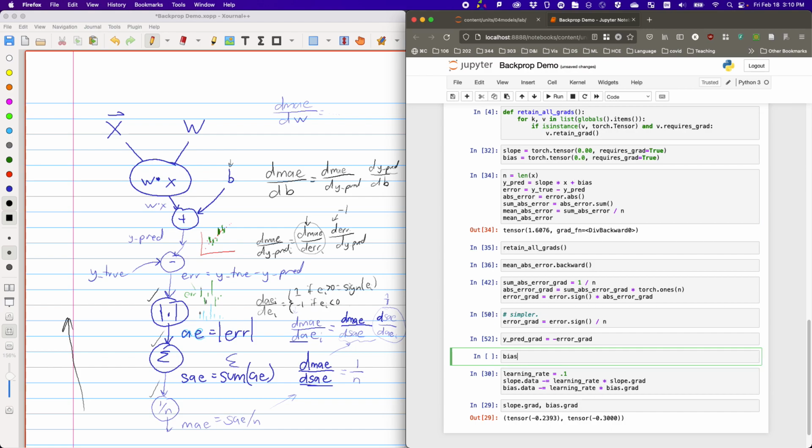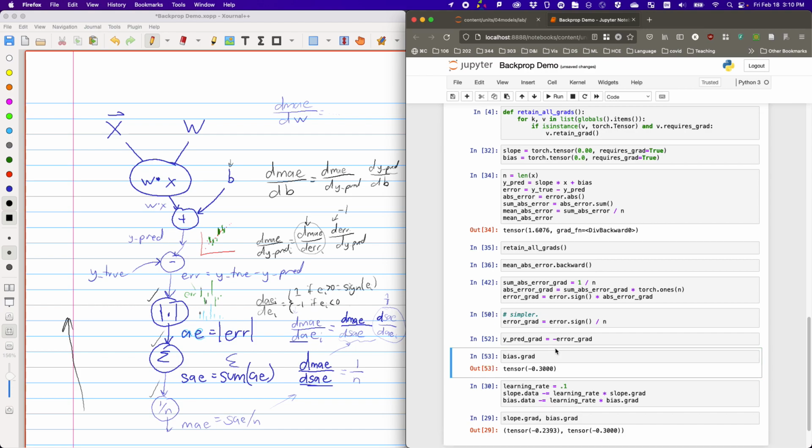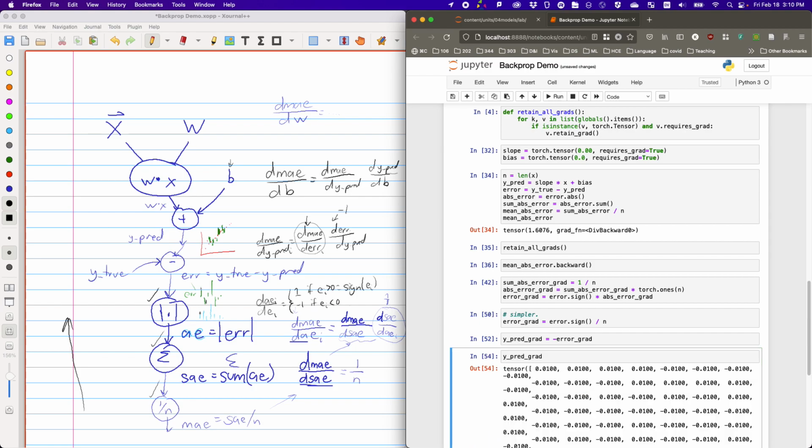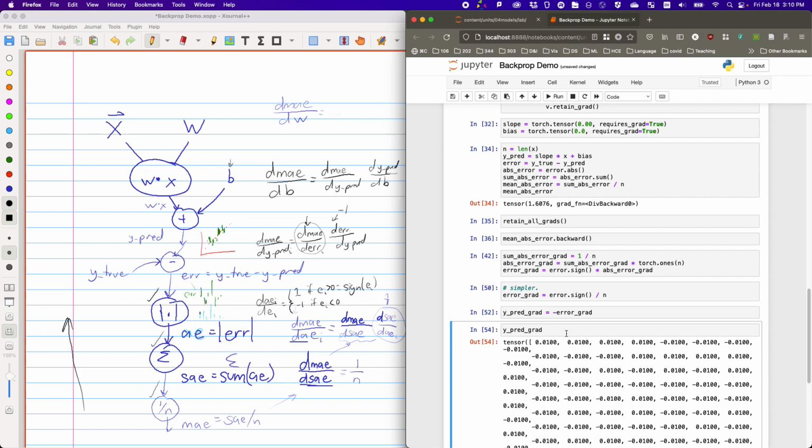So the bias gradient is just, well, wait a second. Bias grad is one number. How do we get that one number from all of these y pred grads? There's a bunch of numbers here. Well, what happens to each one of these when the bias changes? Each one of them goes up or down by that same amount.